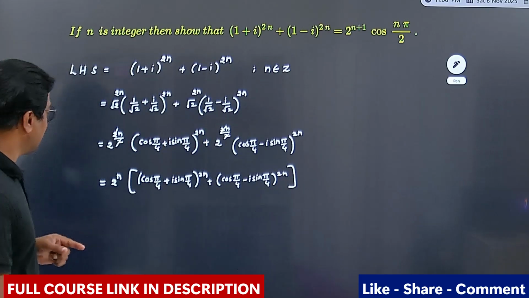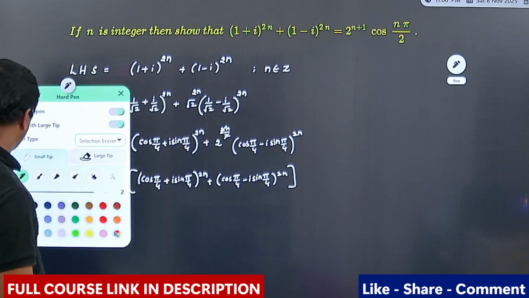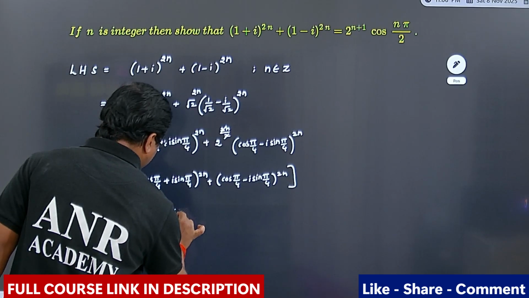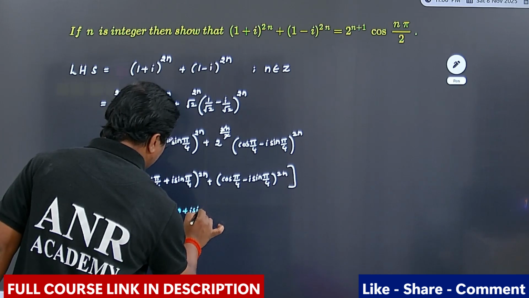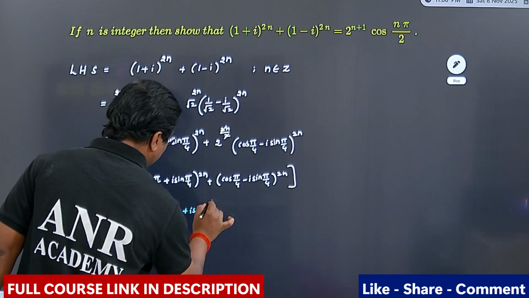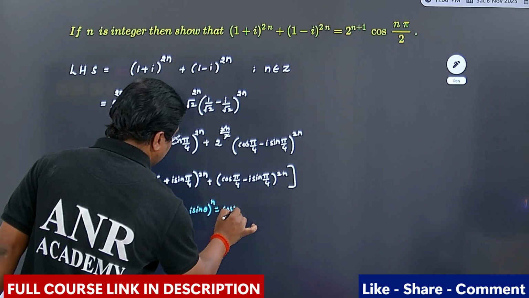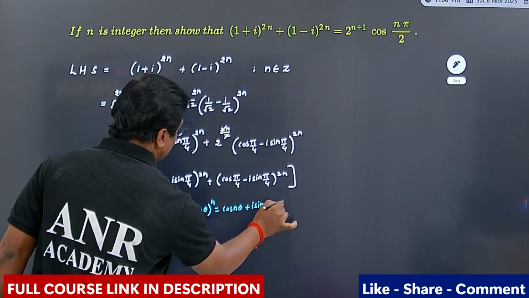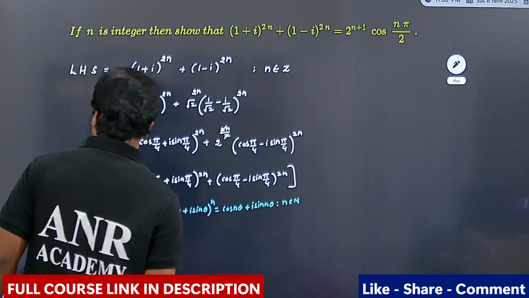Now applying De Moivre's theorem. De Moivre's theorem says that cos theta plus i sin theta whole to the power of n is written as cos n theta plus i sin n theta, where n belongs to capital N.